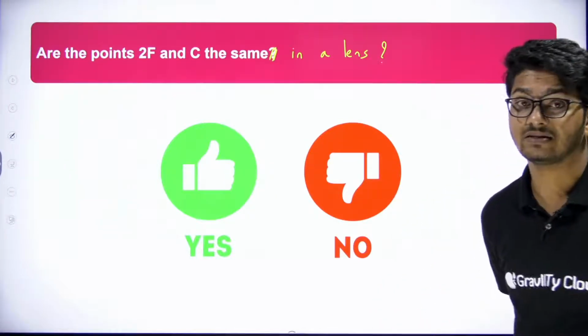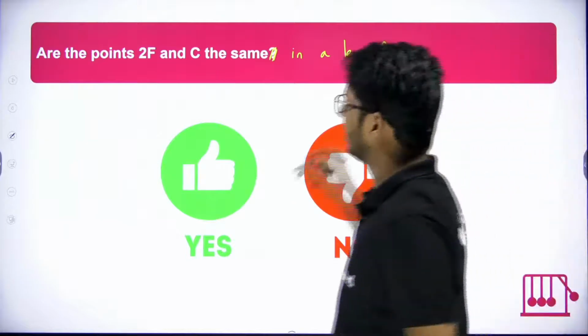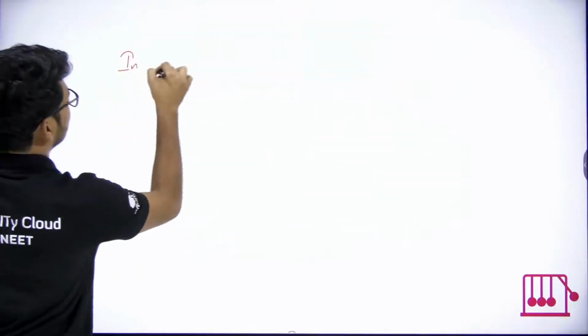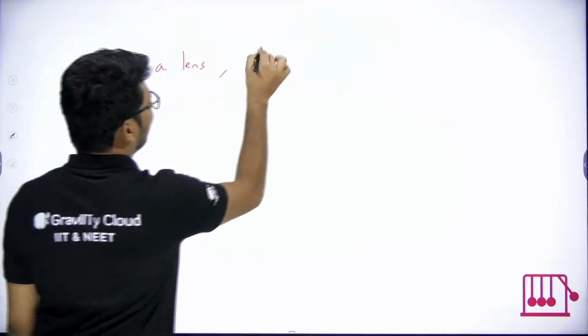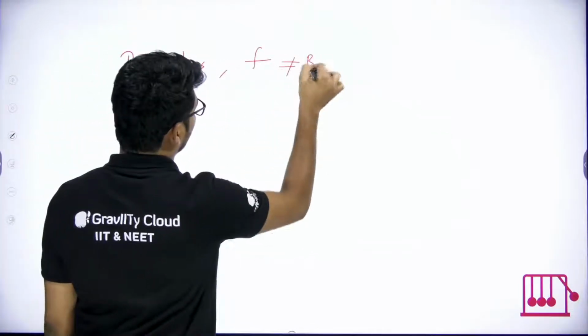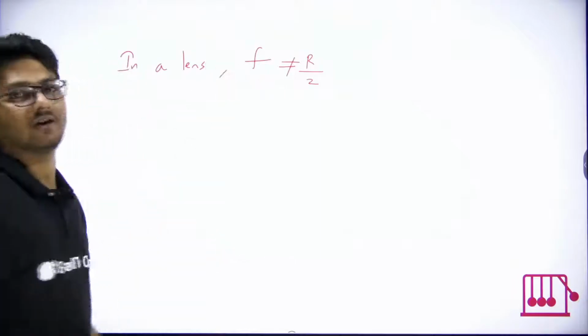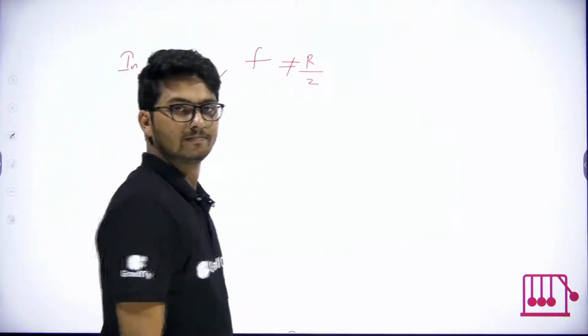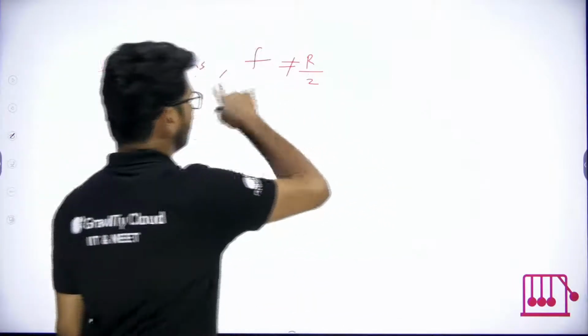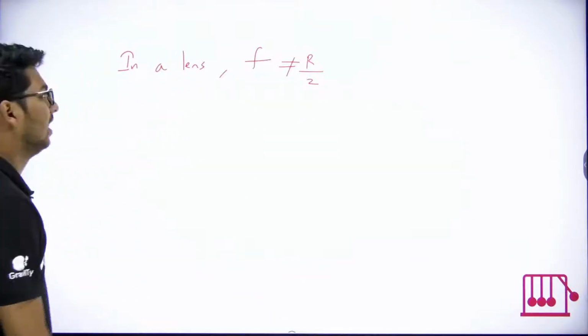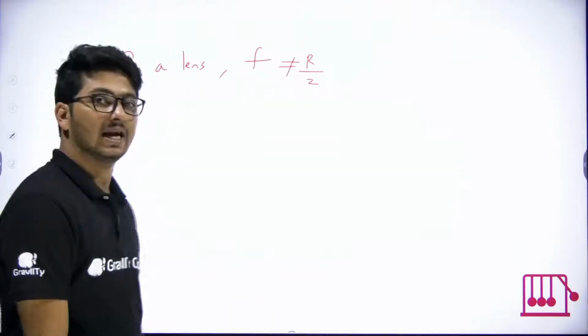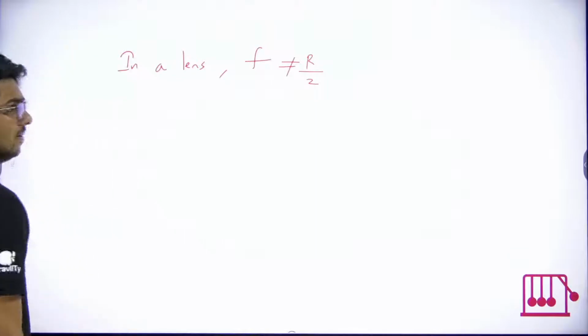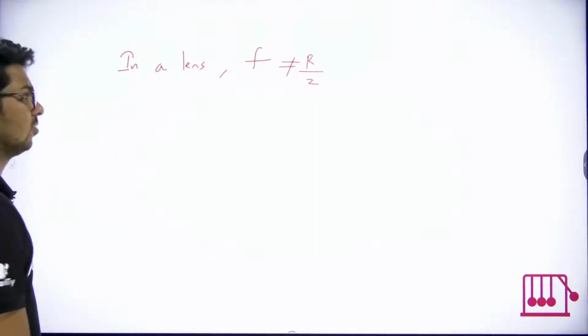The answer is no, they are not the same, because in a lens, F is not equal to R by 2. This formula will not always work. This formula is not valid for a lens. And you know which formula is valid? Everyone knows the lens maker's formula by now, right?